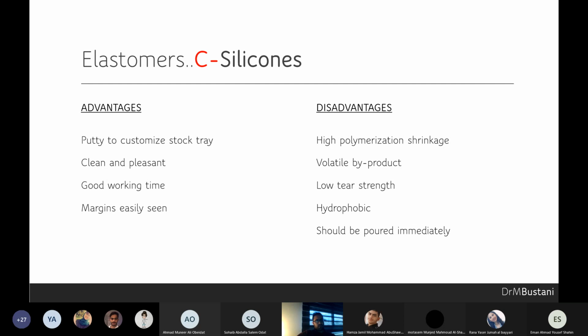They have good working time, and the preparation margin can be seen easily. The disadvantage of C-silicone is the high polymerization shrinkage because of the byproduct, which is ethyl alcohol, which is volatile. They have a low tear strength, and they are hydrophobic and should be poured immediately.